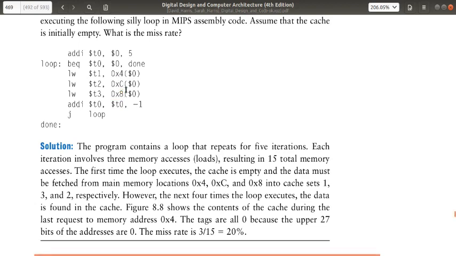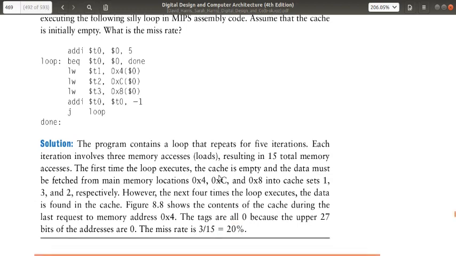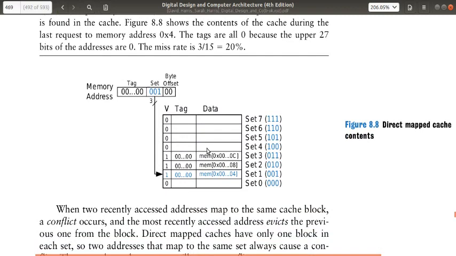Out of that, 3 misses are there in the first loop, and 12 hits are there in the later 4 loops. So what is the miss rate? 3 by 15 equals 20%. This is the miss rate.